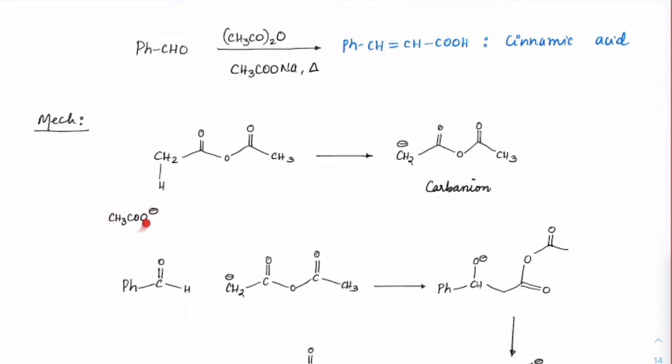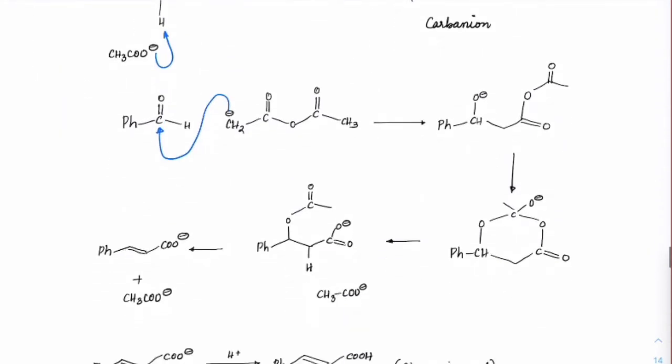CH3COO minus, the base which we have added here, will extract the proton from the alpha position of this anhydride, and it will generate this carbanion. This carbanion will act like the nucleophile, which will attack the C=O of benzaldehyde. As it attacks, this oxygen gets a negative charge.